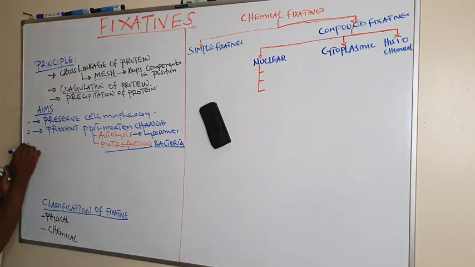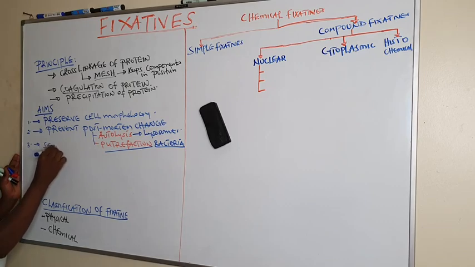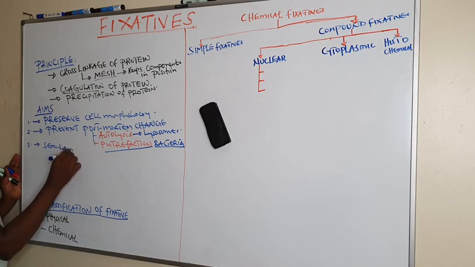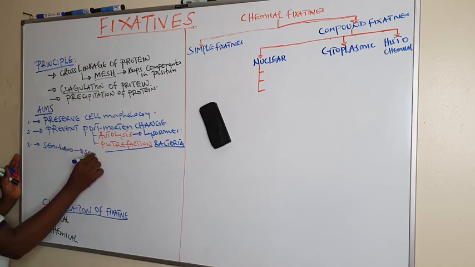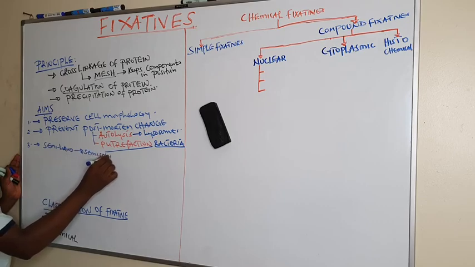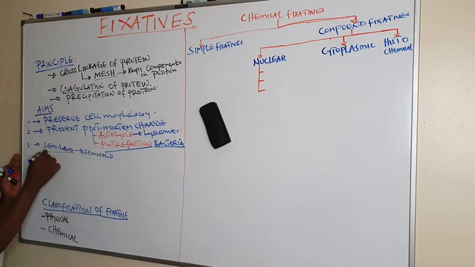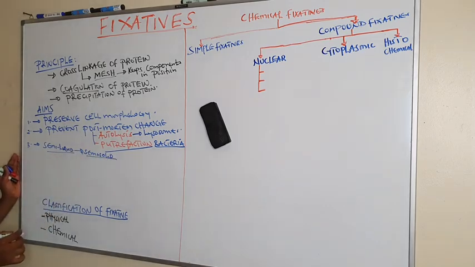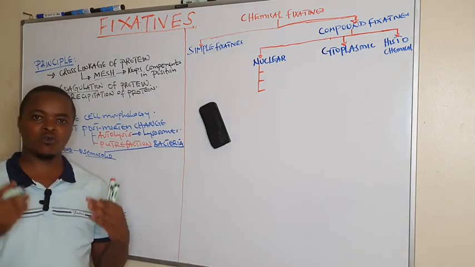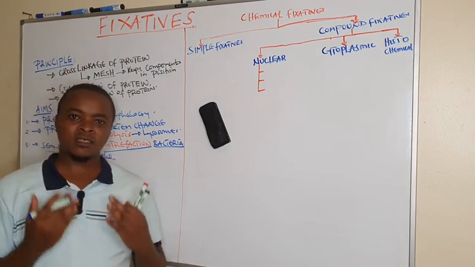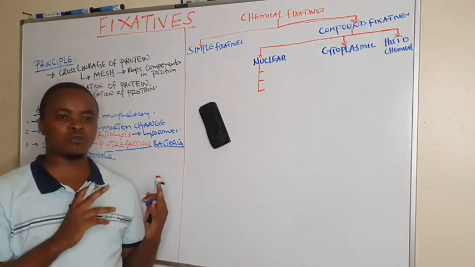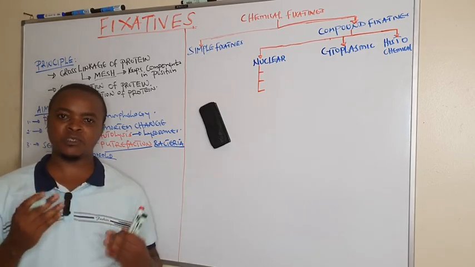Then another one, number 3, they are used to convert cells which are in a semi-liquid or semi-fluid state to semi-solid. Why are we converting from semi-fluid state to semi-solid state? Remember, with this tissue we want to do many tests, or it is going to be maneuvered through different processes.